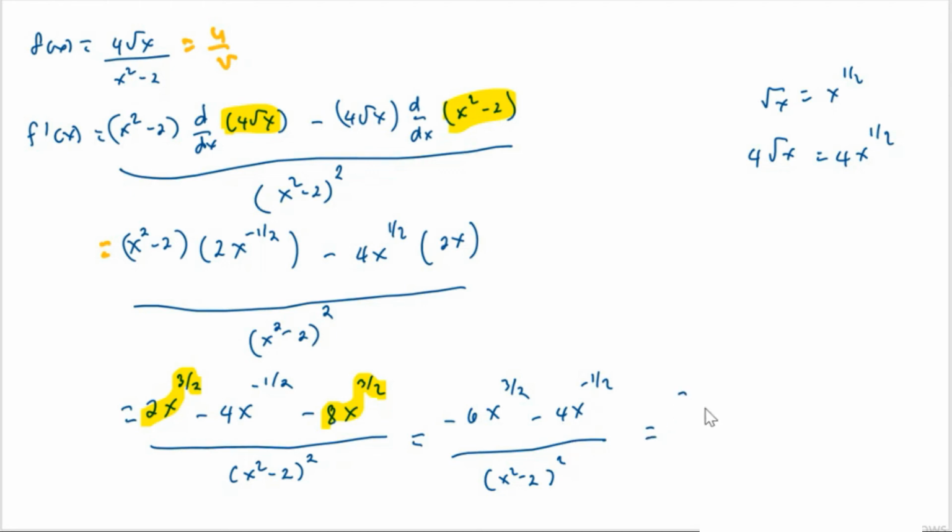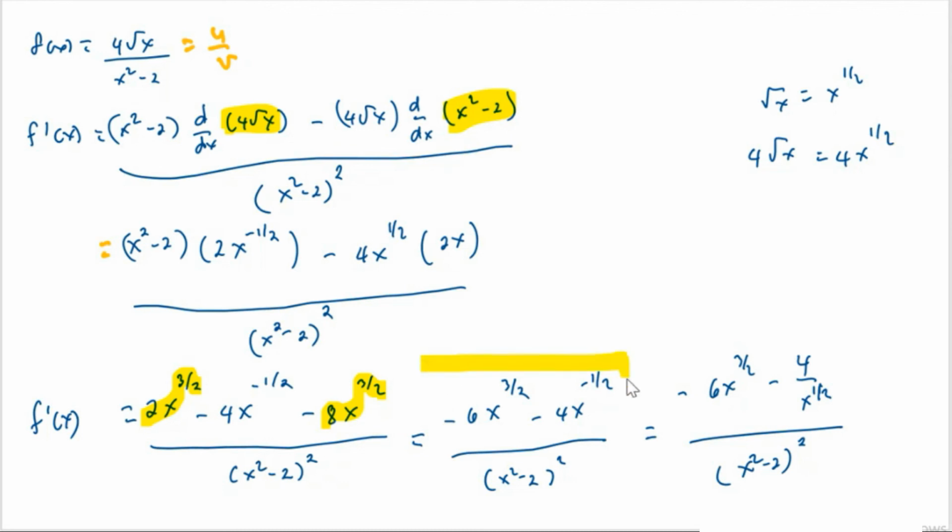We have negative 6x to the power of 3/2 minus 4 over x raised to 1/2, all over x squared minus 2 to the power of 2. So either of the two answers are accepted. Okay, so if I were you, you will just stop your answer up to this point.